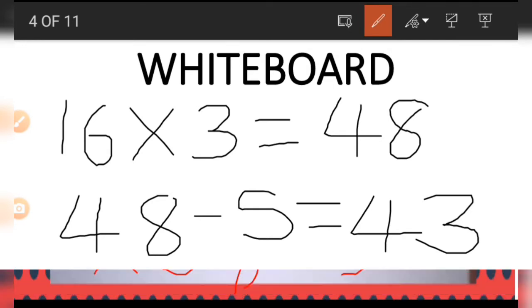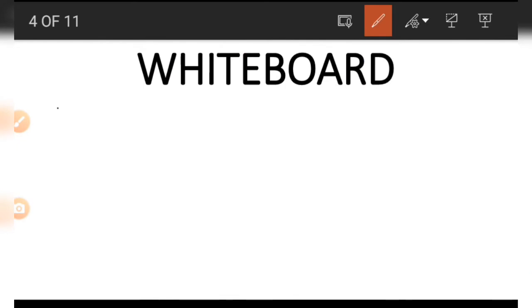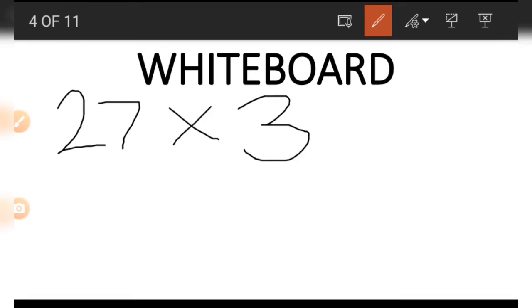Alright, now let's take the third one. The third number is 27. Let's see how this is going to give us the number on the right hand side. First, we start with the first imaginary number. So 27 times 3.